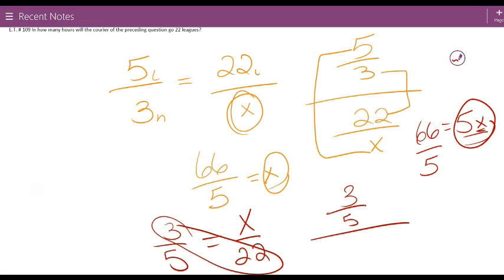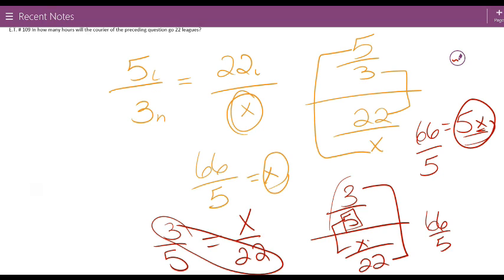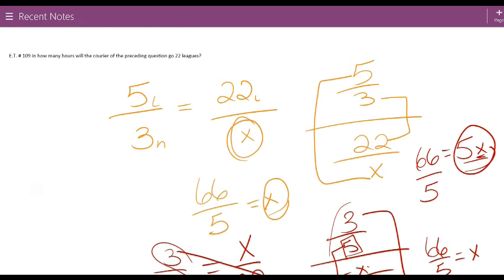These now have become my extremes and these are my means, but I'm still going to divide the product of my extremes by my other mean to get that variable by itself. So I'm still going to end up with 66 over 5. And again, there are a lot of ways you can set up these proportions. The important part is to make sure that your labels are matching up with your numerators and your denominators.